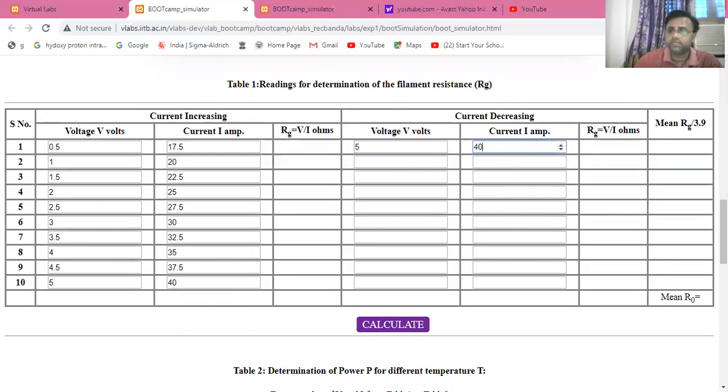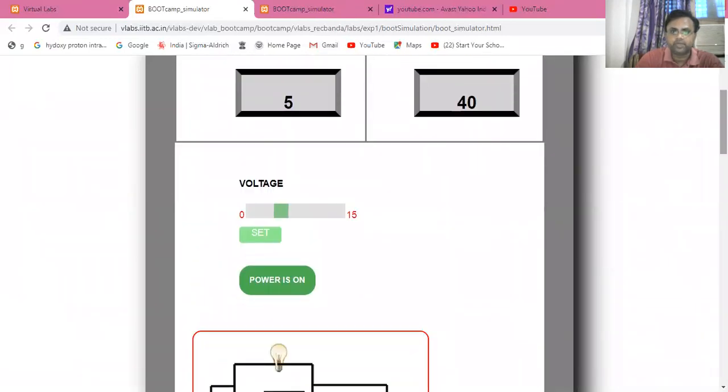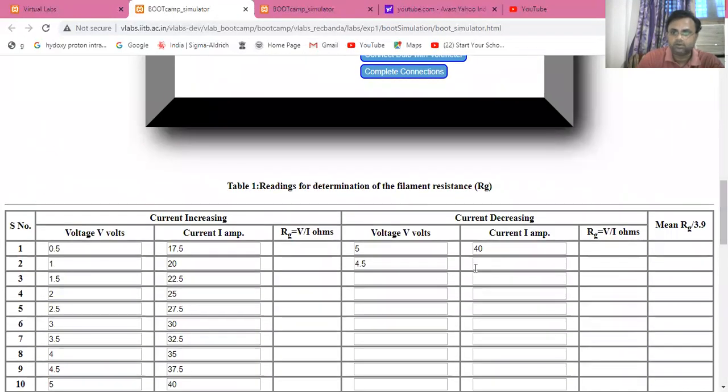Similarly at 4.5 volt, the current will be 37.5.